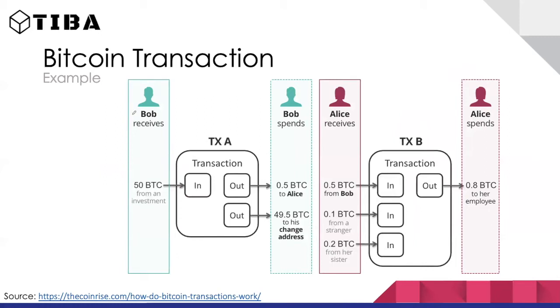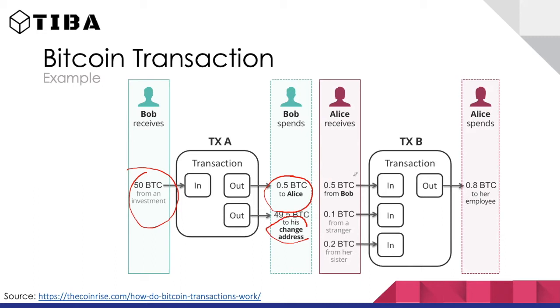So, a Bitcoin transaction example. Let's say Bob has 50 Bitcoin right here, and he wants to send Alice 0.5 of it. So he sends 0.5 to Alice, and the rest, 49.5, goes back to himself.